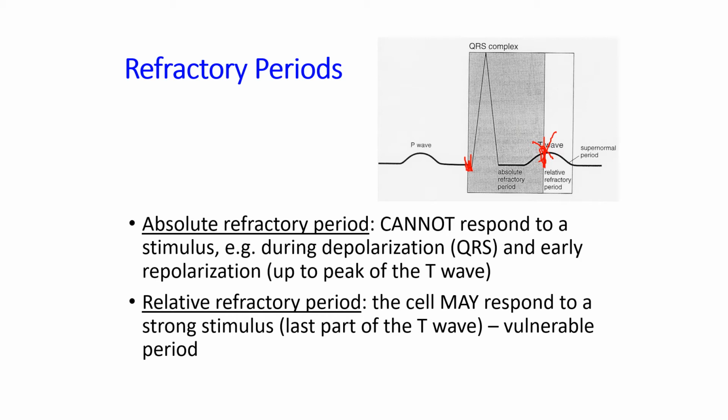So if you can picture, your potassium is going back into the cell during repolarization, and your sodium and your calcium are moving out of the cell, and those channels at this point in time are just starting to close. But they haven't closed yet. So if a strong impulse occurs, and again, remember, the heart responds to the strongest and the fastest, if a strong impulse comes in at this time, it can cause a re-entry, where the sodium and the calcium are trying to go back into the cell.